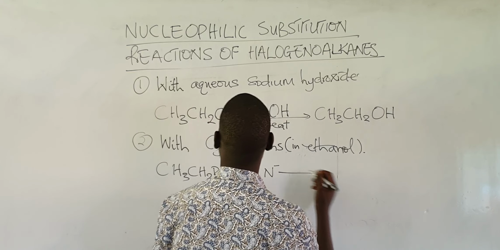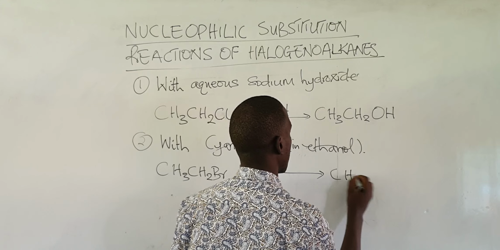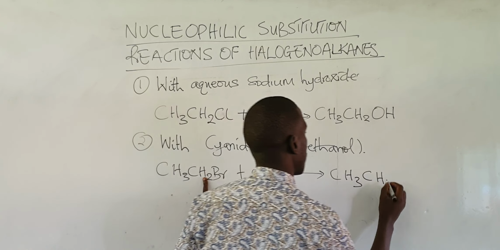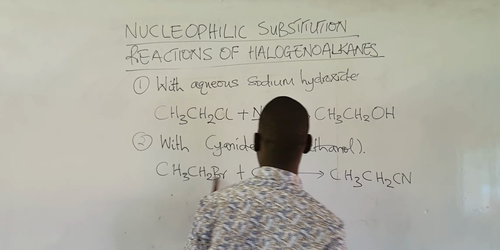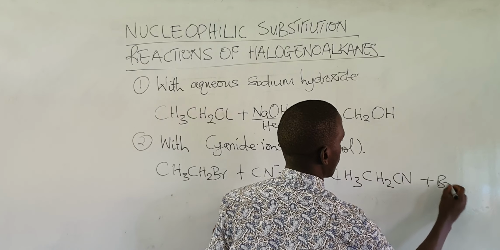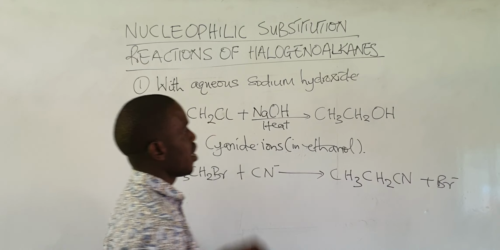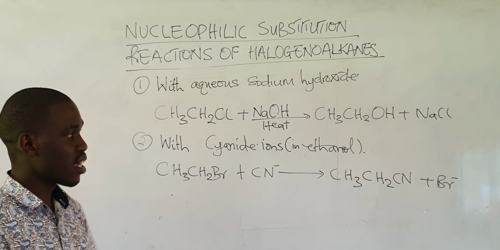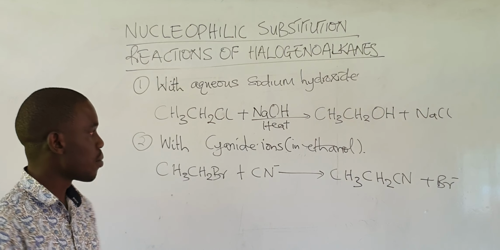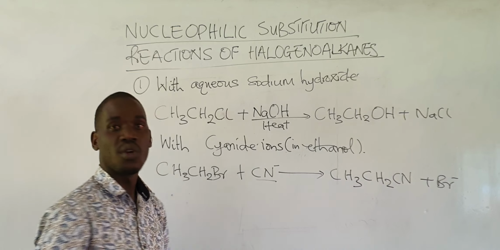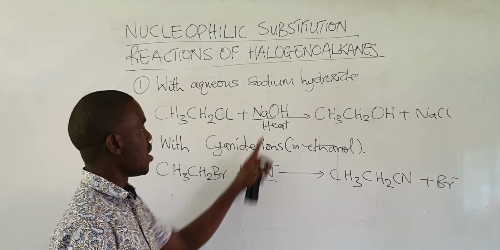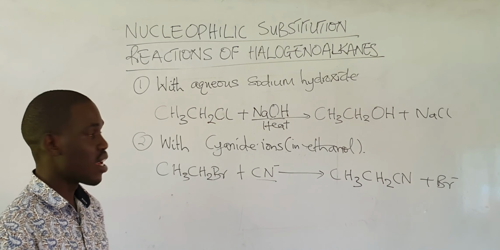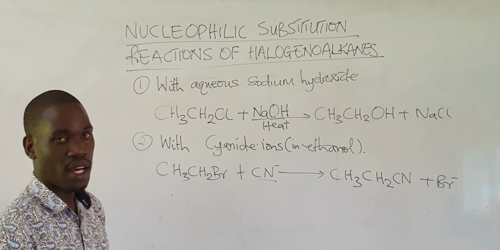So you get CH3CH2CN plus the bromide ions. So this is a nucleophilic substitution. This one here is a nucleophile, the electron-rich species. In the sodium hydroxide, our electron-rich species is the hydroxide ion, the one that donates the lone pair of electrons.